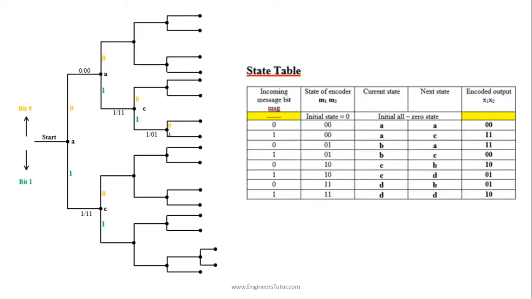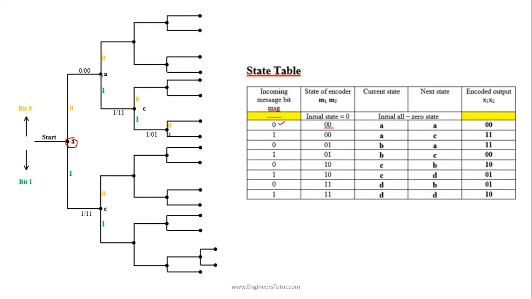convolutional encoder. Suppose from this state table, if the incoming bit is 0, we start from the all 0 initial state. So we are in state A, the initial state 0 0. If the incoming bit is 0, we go upward and we have to find the next node.